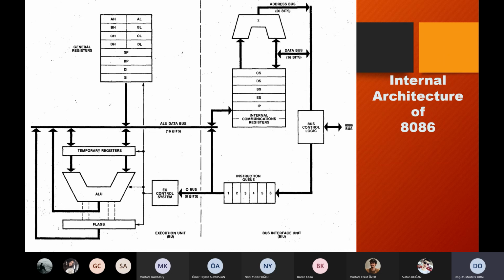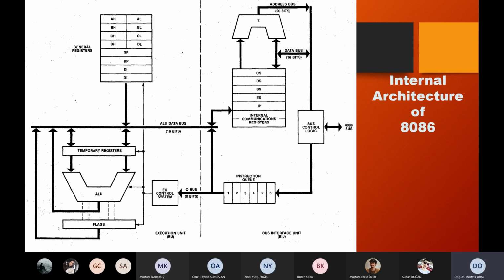After decoding the opcode, the microprocessor execution unit will tell the bus interface unit, go and fetch the following information, because that information has to be incremented by 1.